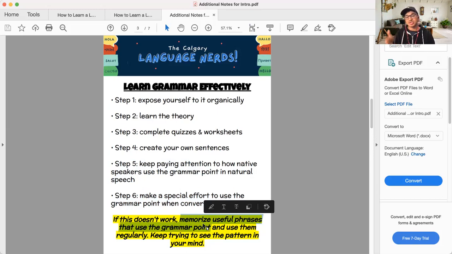And as I slowly but surely added phrases to my bank of resources, and paid attention to see if I could see the pattern, after a couple of years, it finally stuck. And now I can use ba almost as if it was English. I can use that grammatical point.